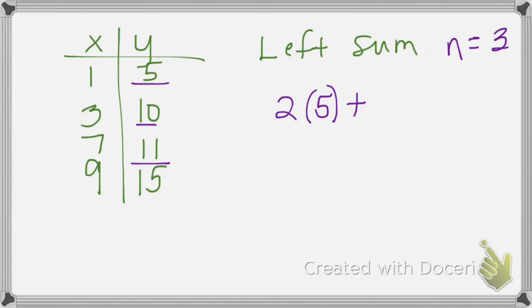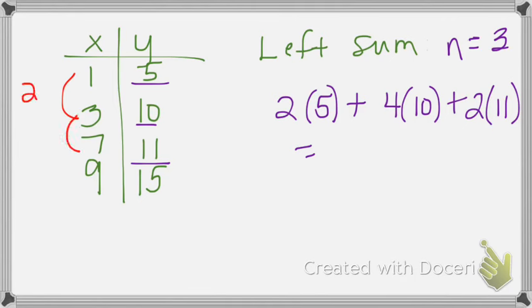Okay? The rectangle that's 10 high, how wide is it? 4. And then the rectangle that's 11 high, how wide is it? 2. Because you're looking at, like from here to here it's 2, from here to here is 4, and from here to here is 2.